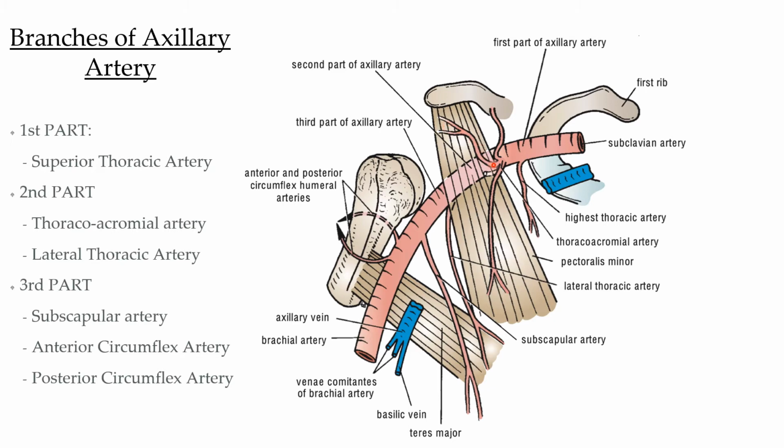The clavicular branch of thoracoacromial artery ascends medially towards the medial end of the clavicle to supply arterial blood to sternoclavicular joint and subclavius muscle. The deltoid branch of the thoracoacromial artery is often the branch of acromial branch of thoracoacromial artery.